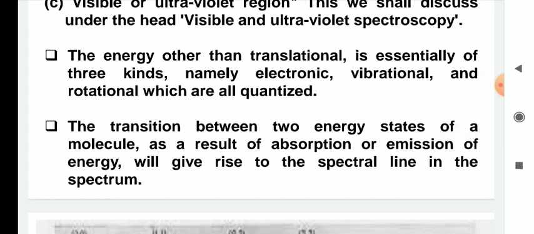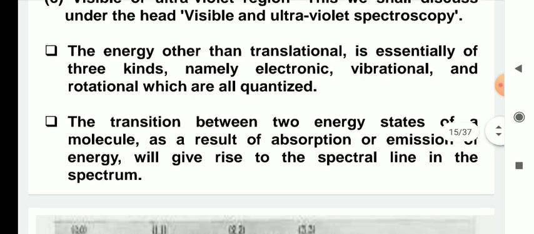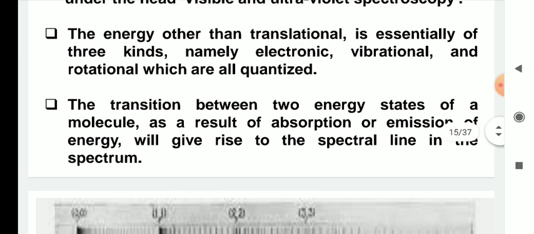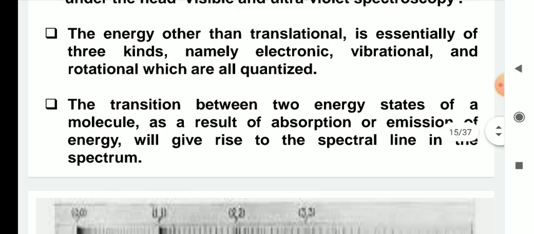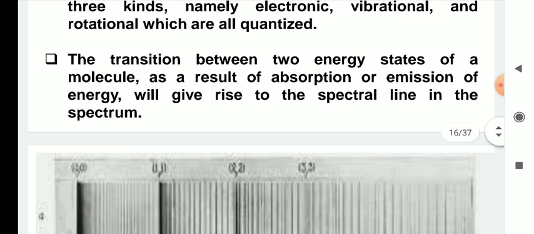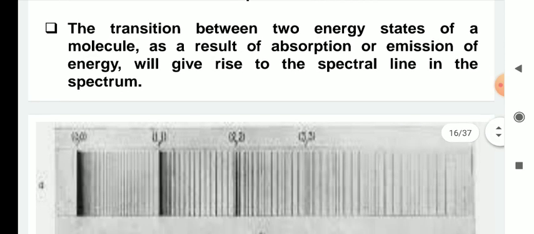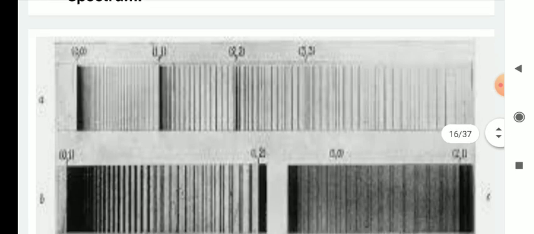The energy other than translational is essentially of three kinds, namely electronic, vibrational, and rotational, which are all quantized. That means the electronic, vibrational, and rotational energies are quantized. The transition between two energy states of a molecule as a result of absorption and emission of energy will give rise to the spectral line in the spectrum.